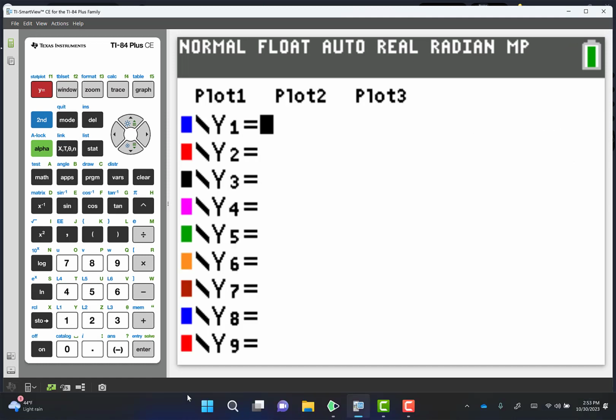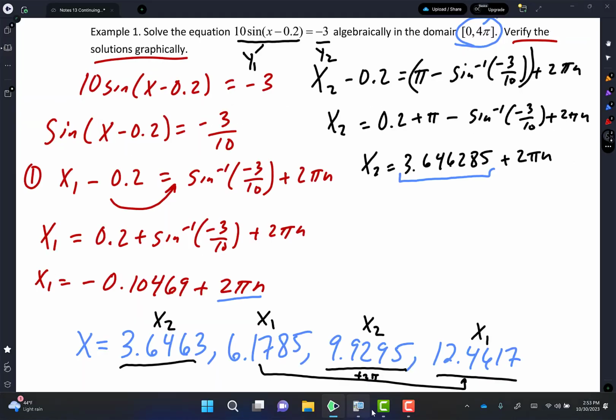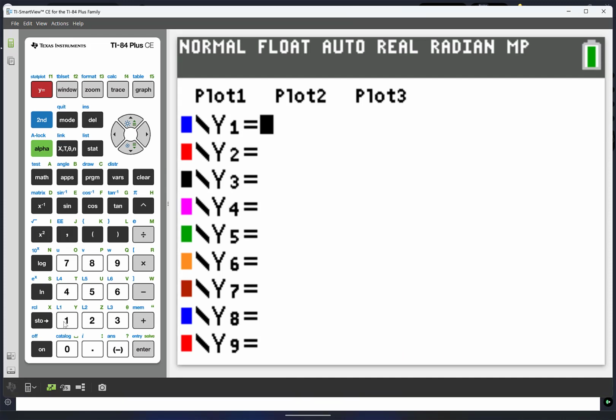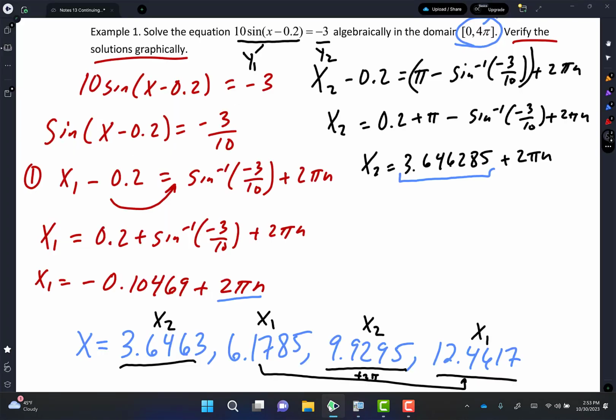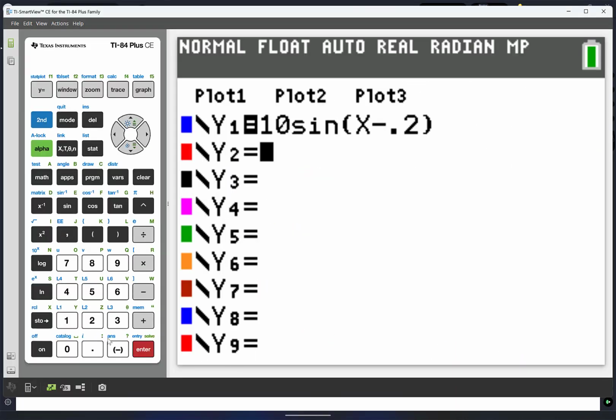On Y1, I'm going to type in what I have on the left side: 10 sine of X minus 0.3. And on Y2, it was negative 3.